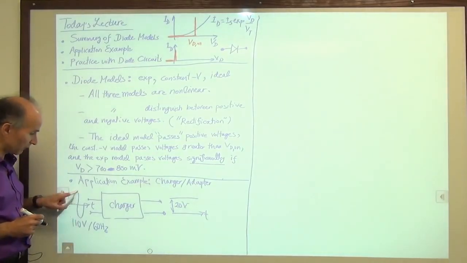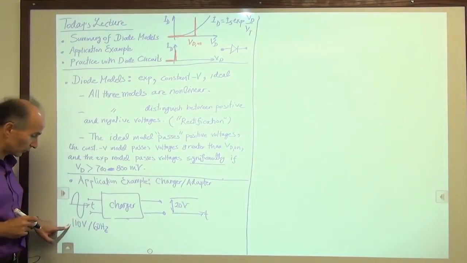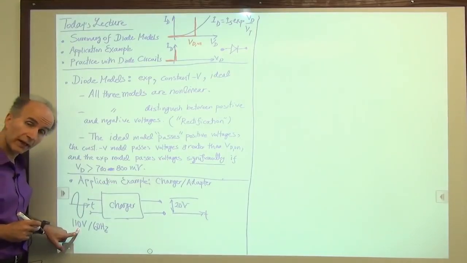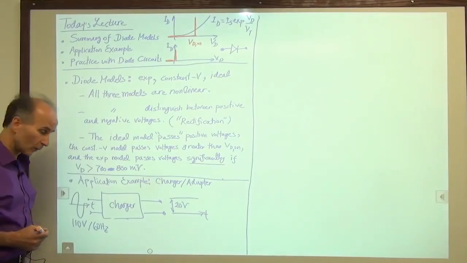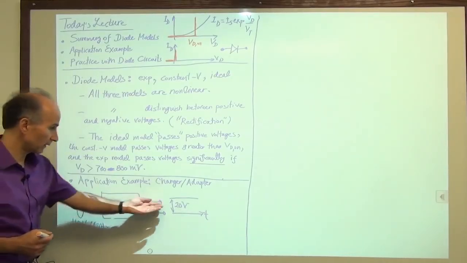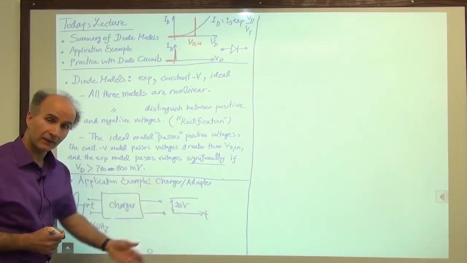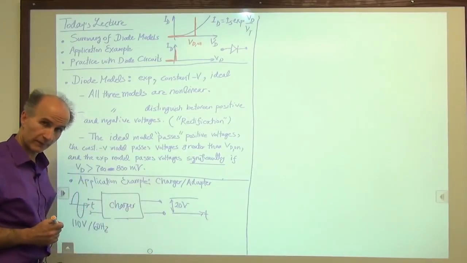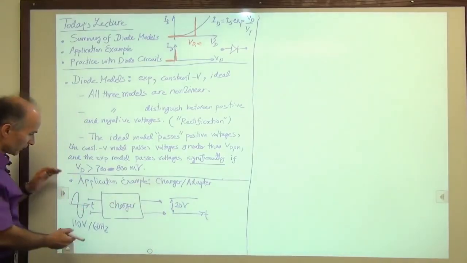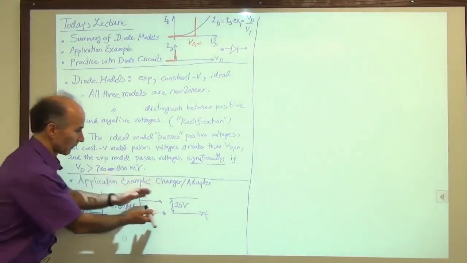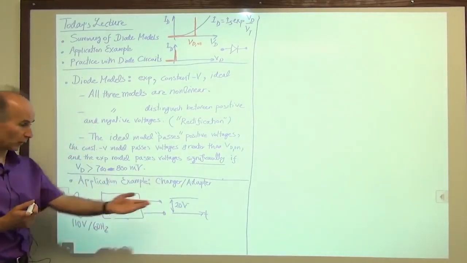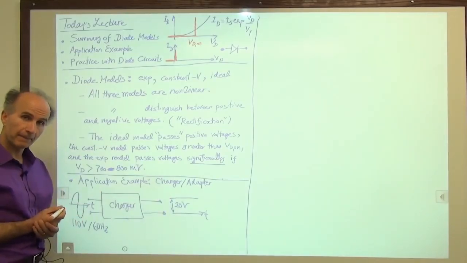So this peak to peak voltage is 2 times 110 times square root of 2. So it's a very large voltage swing. We need to reduce this to something that eventually can be translated to a DC of 20 volts. So how do we reduce a large voltage swing to a small voltage swing before we convert it to DC?